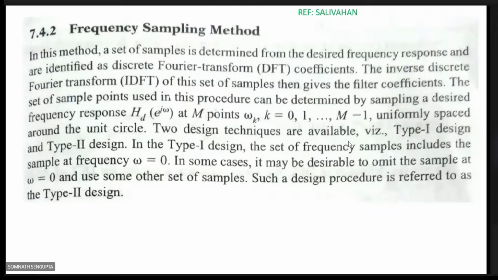In some cases, it may be desirable to omit the sample at omega equal to 0 and use some other set of samples. Such a design procedure is referred to as type 2 design. So in type 2 design, we don't sample the frequency response at omega equal to 0.